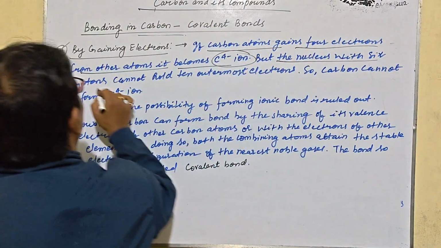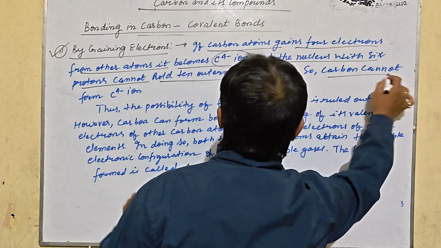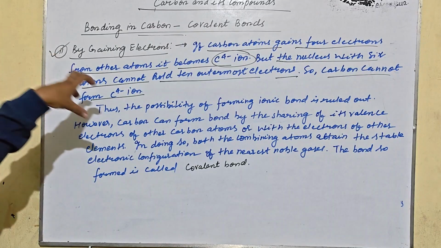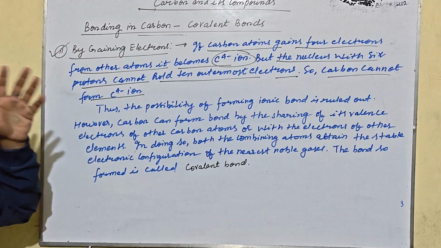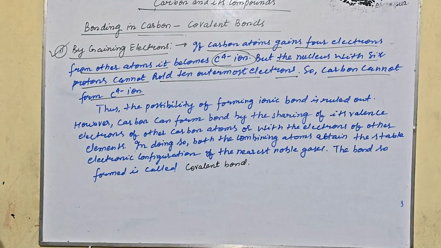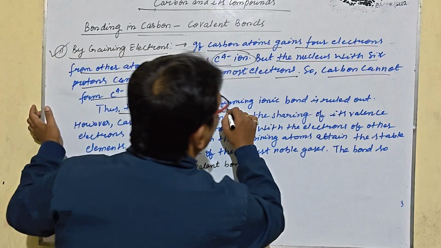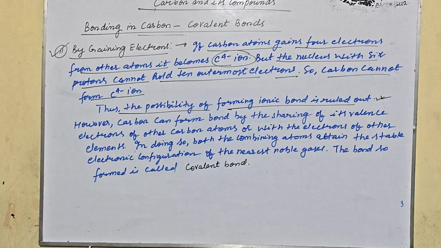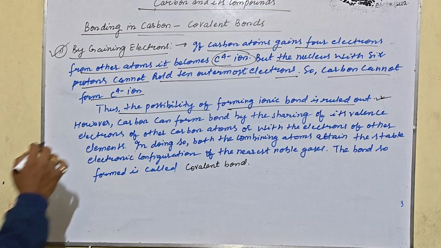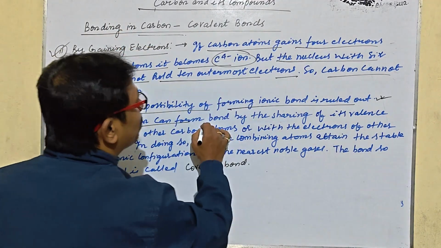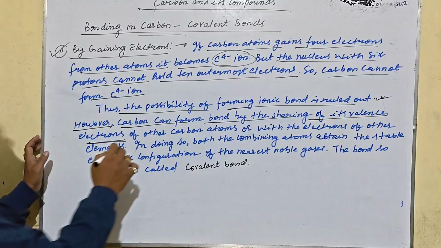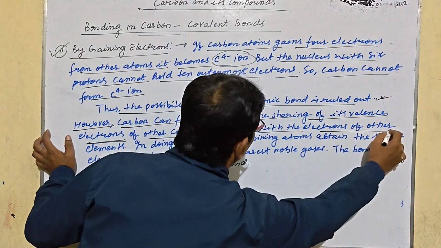But the nucleus with 6 protons cannot hold 10 outermost electrons, so carbon cannot form a C4- ion, and the possibility of ionic bond is ruled out. Carbon forms a C4+ ion by losing valence electrons, but it is proved that carbon can form bonds by the sharing of its valence electrons with other carbon atoms or with electrons of other elements.